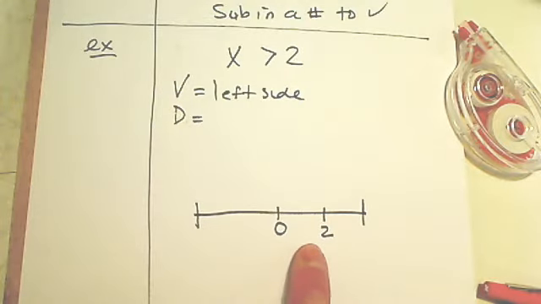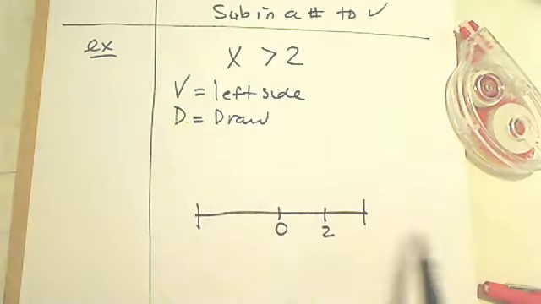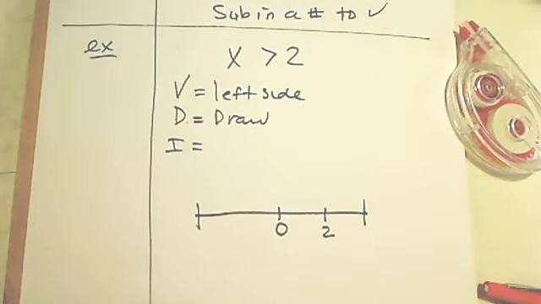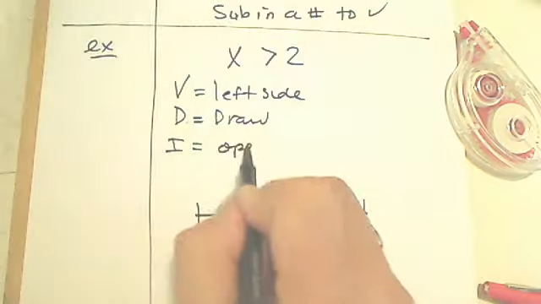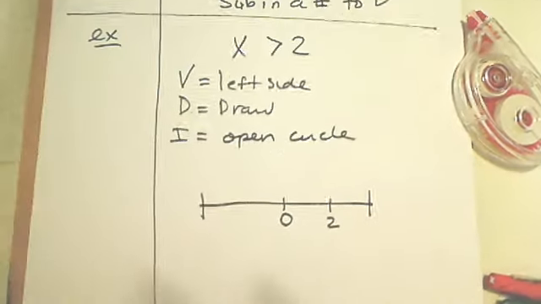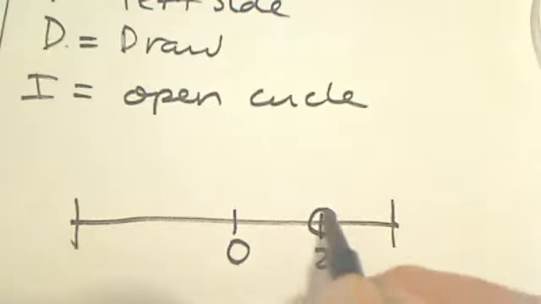Okay, so I draw a number line. I is include. Because this is greater than, what circle do I use? It's an open circle, right? You draw the circle like this. I'm going to zoom in really closely. Like a bullseye.